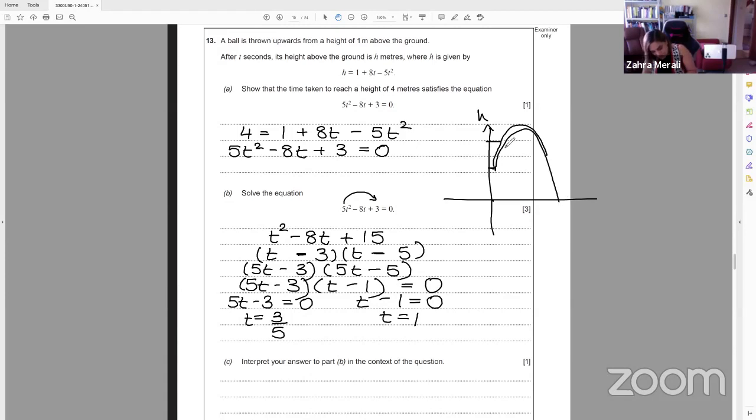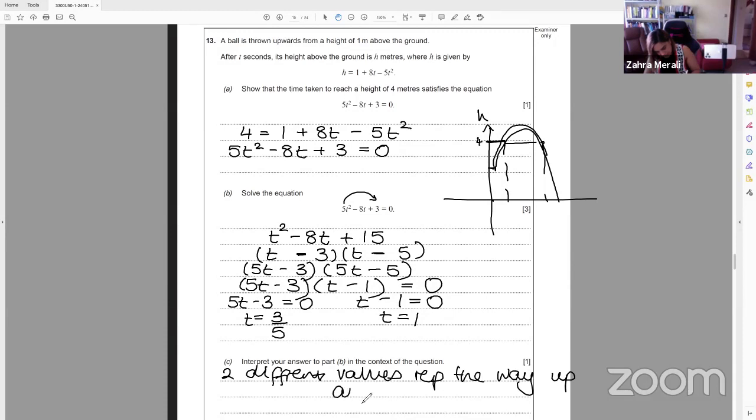There's going to be 2 points where it's 4 meters above the ground, isn't there? There's the first one on the way up, which must be t equals 3/5, and then there's the one on the way down. So what it wants you to say is there are 2 different values representing the way up and the way down.